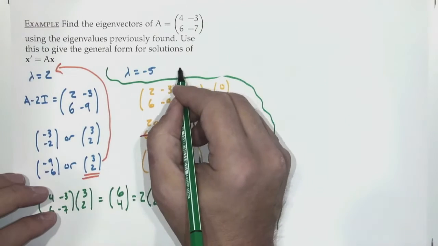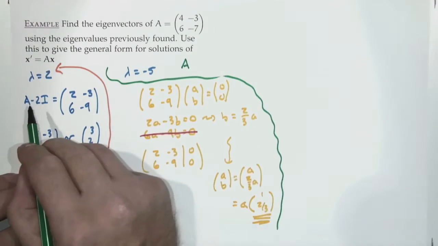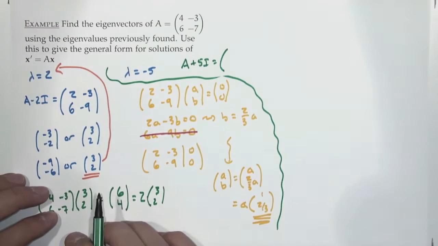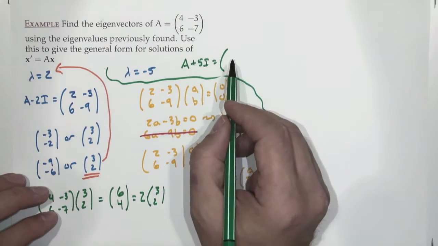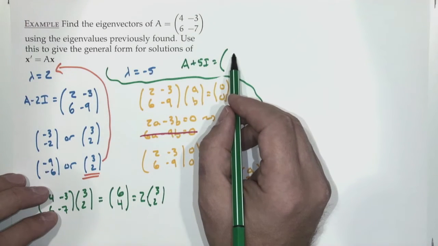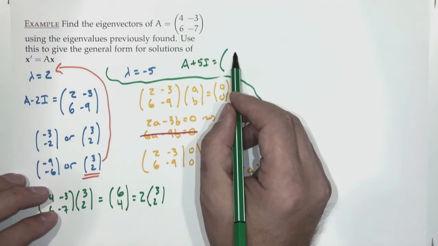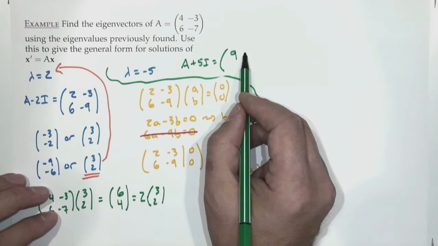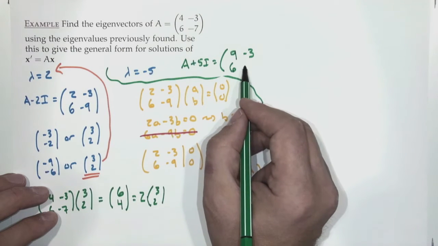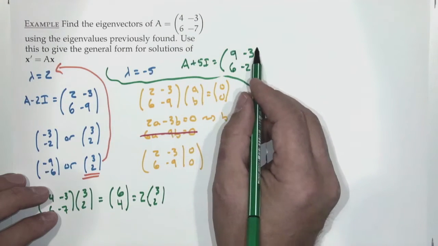all right, a minus -5I is a plus 5I. What does the matrix look like? 9, -3, 6, -2.